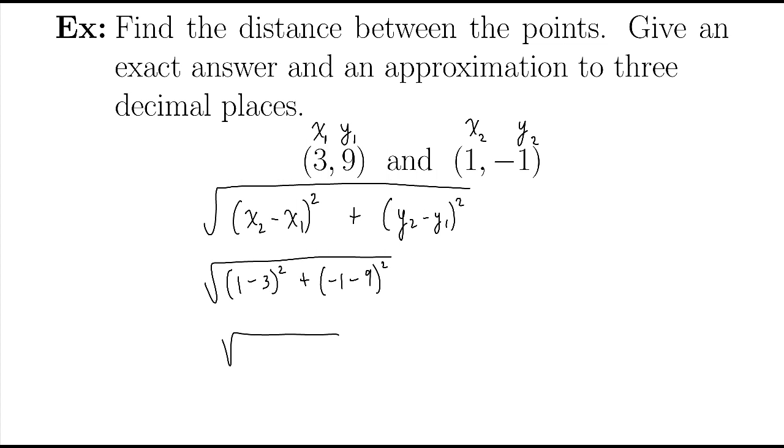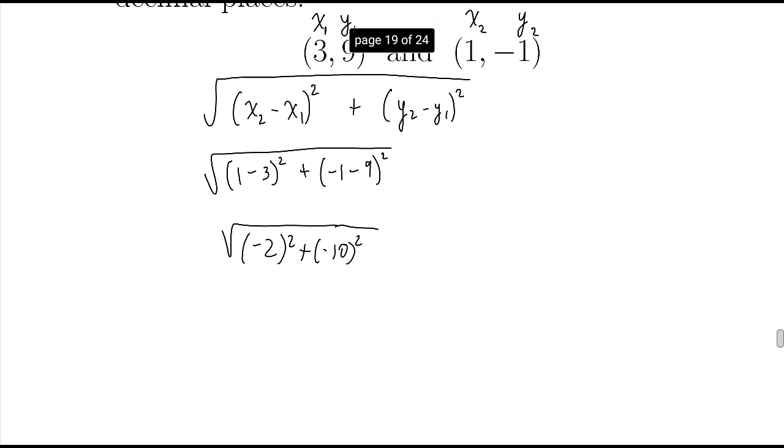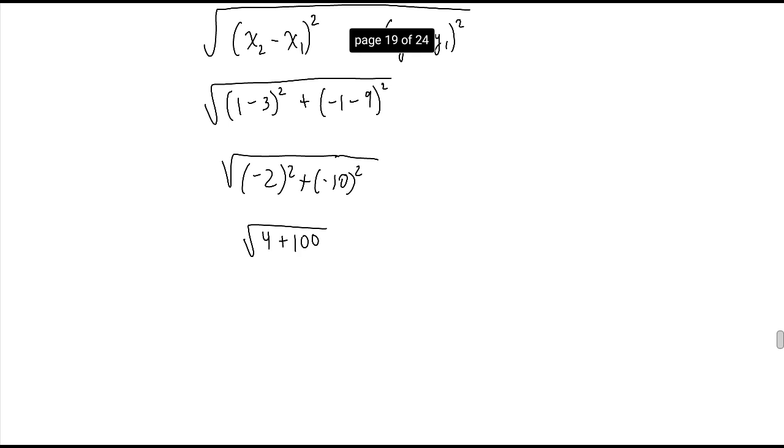That's going to be (-2) squared plus (-10) squared. (-2) squared is 4. (-10) squared is 100. And so 4 plus 100 is 104.